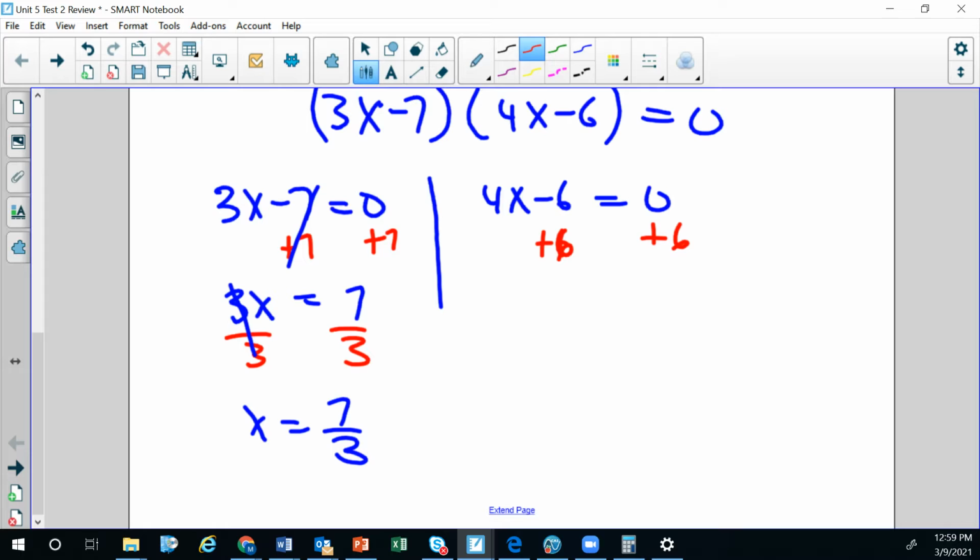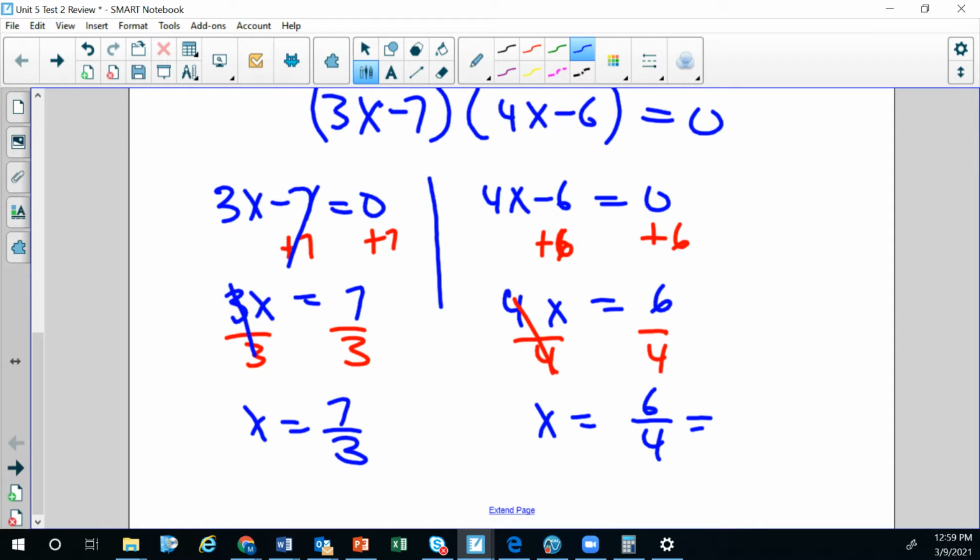And when I add, I'm left with 4x is equal to 6. And then I'm going to divide both sides by 4 to get x by itself. Divide this by 4, this by 4. That goes away. So I'm left with x is equal to 6 divided by 4.